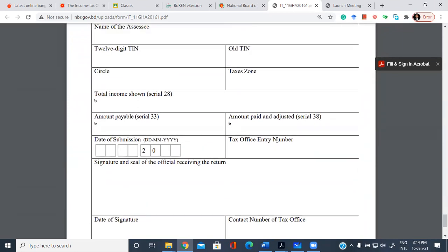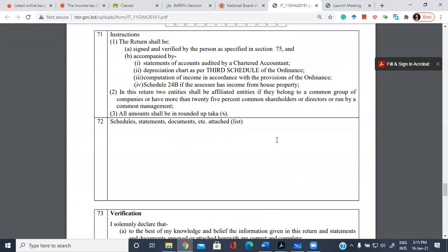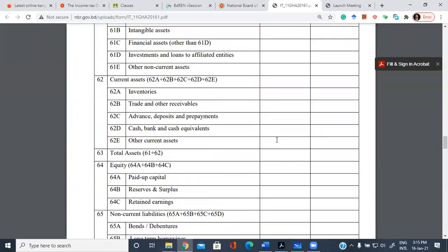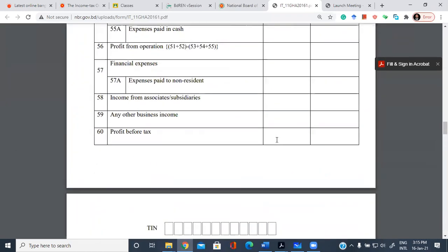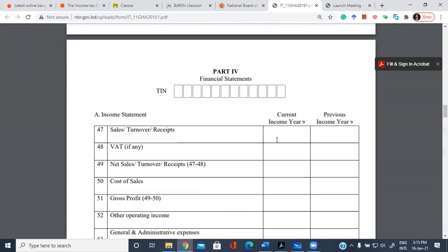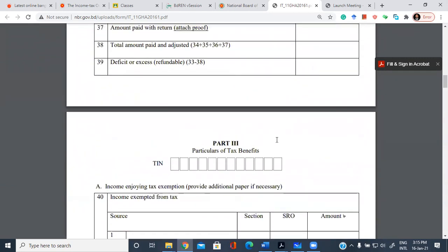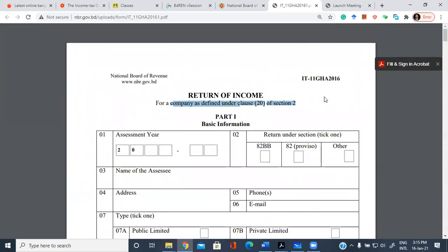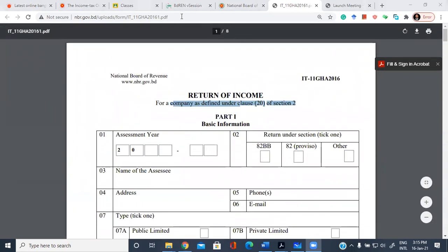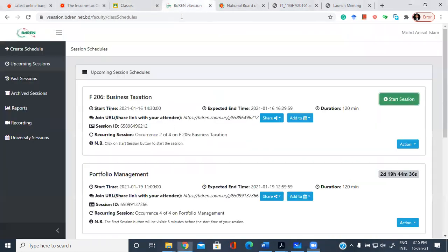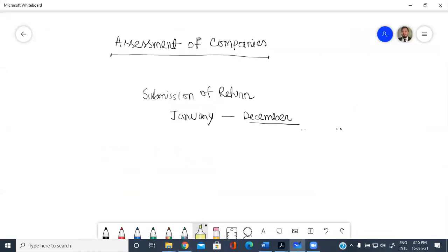There are some similarities, but when you are a company SSC, the number of required documents and the number of financial transactions you have to address in the income tax return will be huge. Okay, so in a company there is a separate department for dealing with these issues, for dealing with the income tax return submission and preparation of the tax statement.